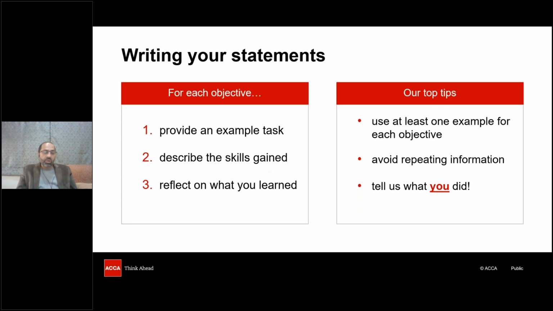It is very important that these 9 statements, one for each objective, are very structured. When writing a statement of 200 to 500 words, you have to provide examples of the tasks you were performing, because of which you feel that you have completed the objective, or your supervisor feels that you've completed that objective.